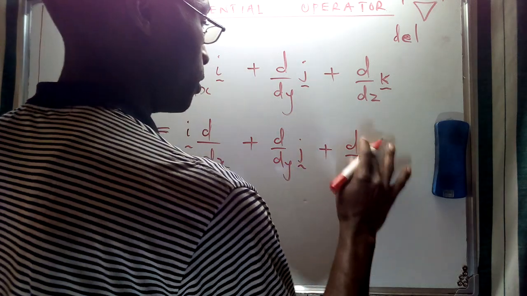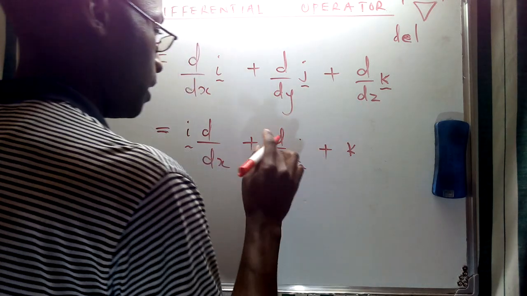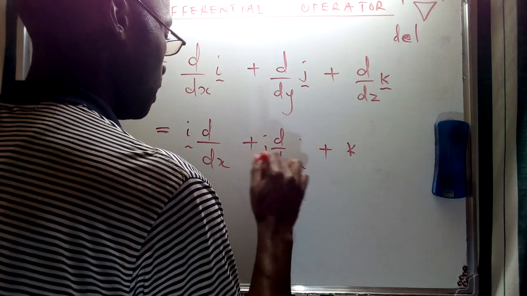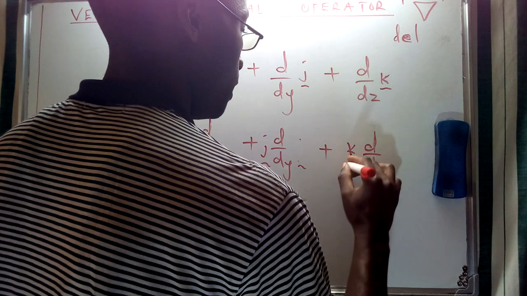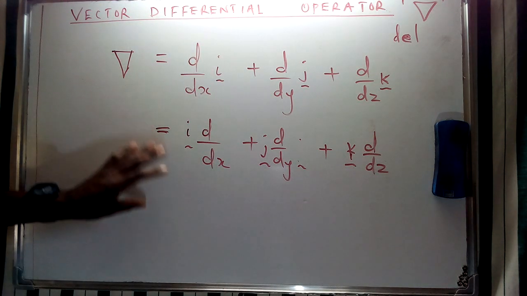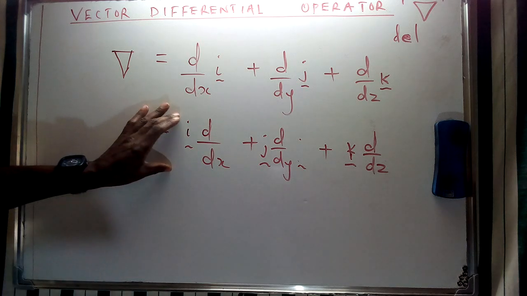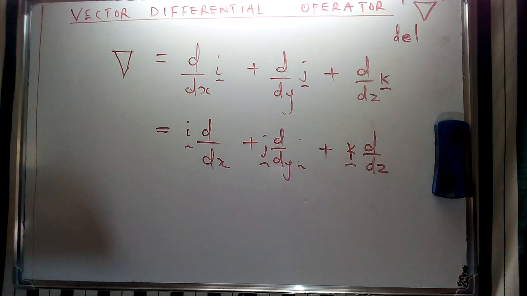So this is k d/dz, which is also a vector. So you can denote this specific del using either of the two, depending on what we are going to discuss, and therefore I'm going to elaborate on what basically we found.